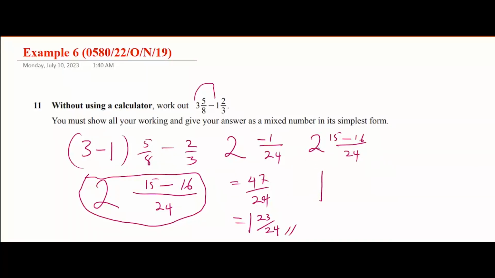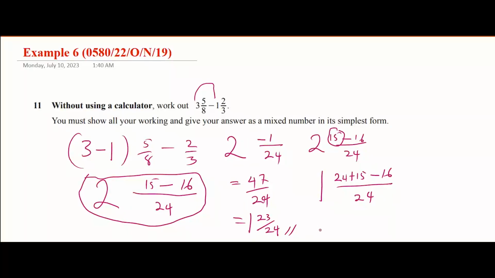So now the one you borrowed is equivalent to your denominator. So the denominator here is 24. That means I have borrowed 24. So that 24, I will add it to this number here. So that means I'm going to have 24 add 15, then subtract 16 out of 24.